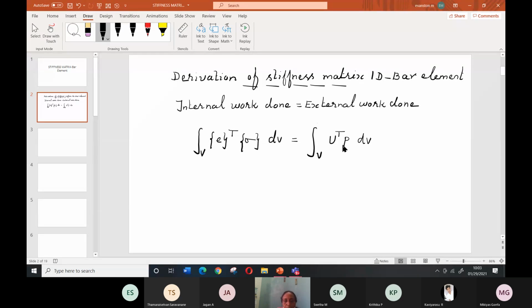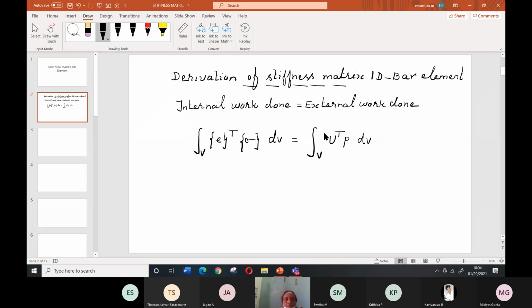I have expressed that load as P, and it is getting deflected by a distance U. That is the vertical displacement, which I take as U. If it's a bar element, it is a one-dimensional displacement, axial elongation or shortening.